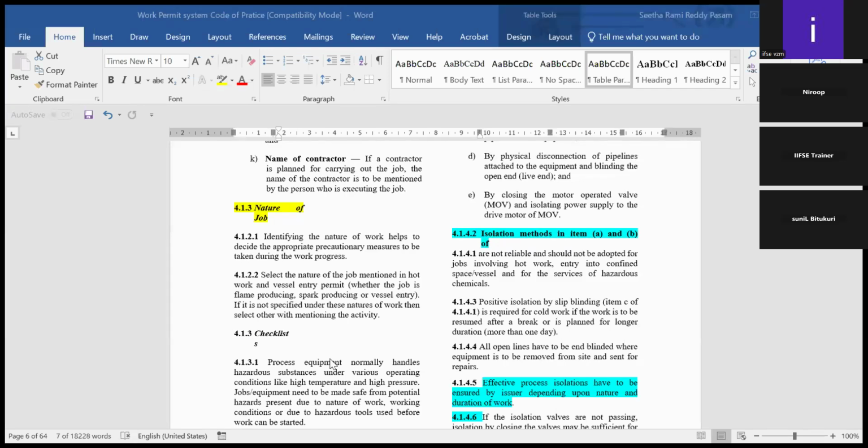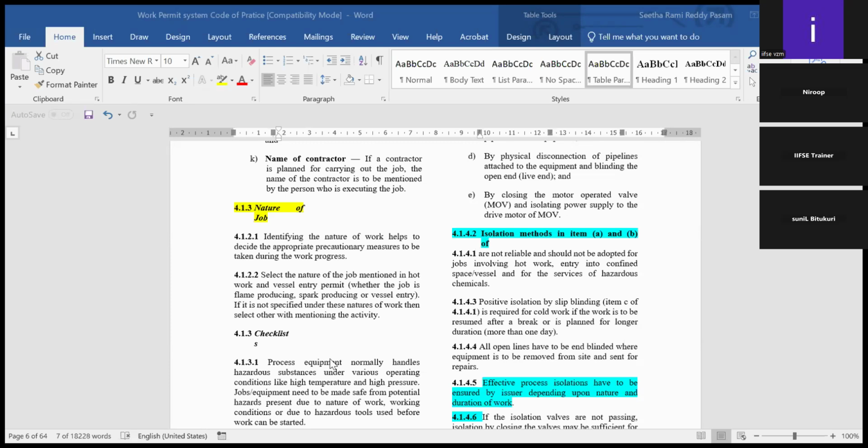For regular activities, no permit is required. For example, your production operations, you need not take any permit. Housekeeping activity, you need not take any permit. If you're in a chemical company, you take the samples once the raw material comes in, you need not take any permit.